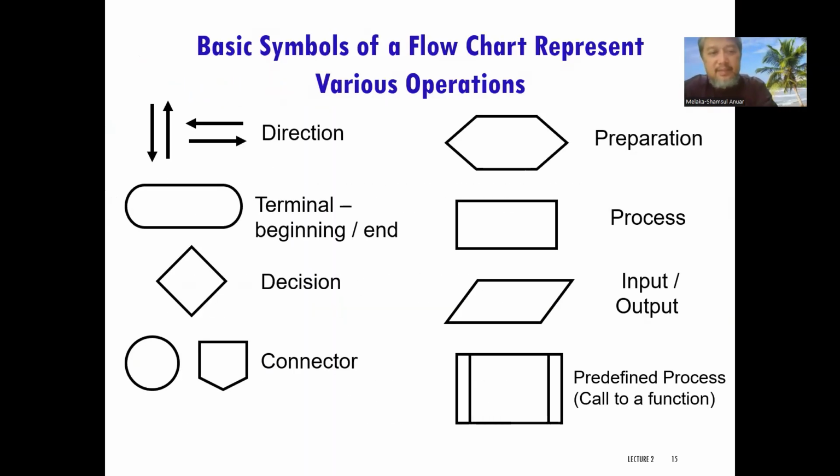These arrows are used for direction, and then this second one below the arrows is the terminal. It's usually for begin or start and also end. Then wherever you have a decision to be made, you use the diamond.